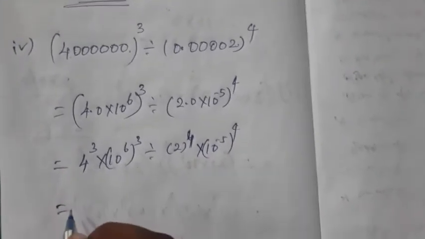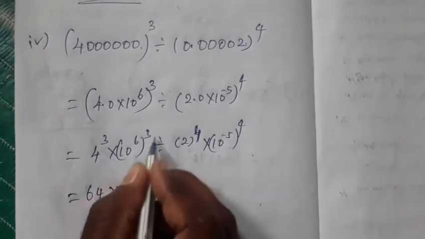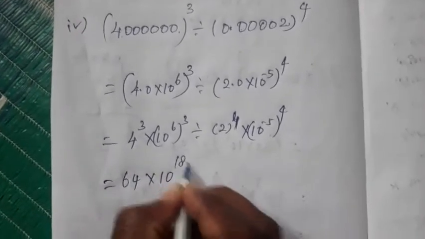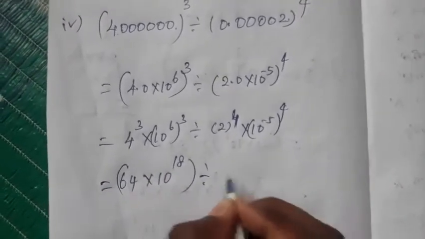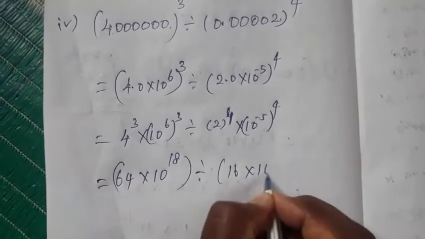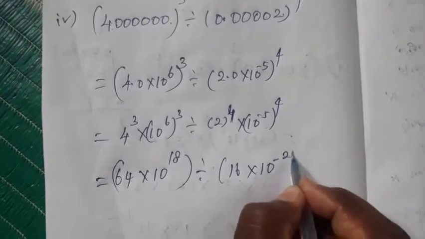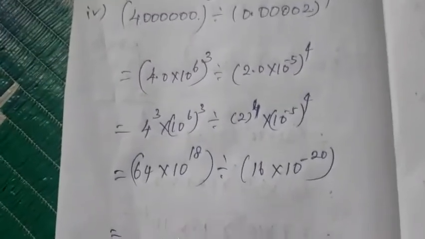Next 4 cube value we get 64 into 10 to the power 6 3s are 18, divided by 2 power 4. 2 power 4 we get 16 into 10 to the power minus 5 into 4. 5 4s are 20, minus 20. Next see that here they are dividing.